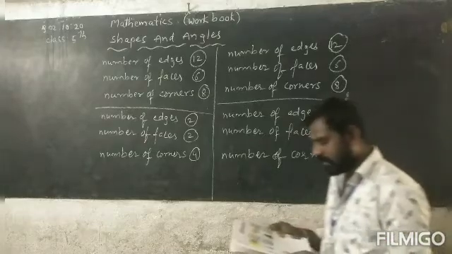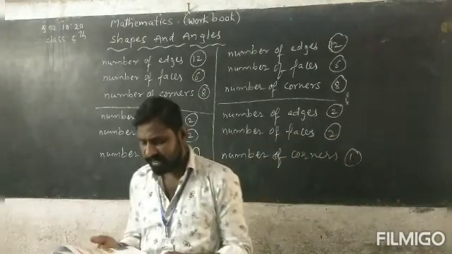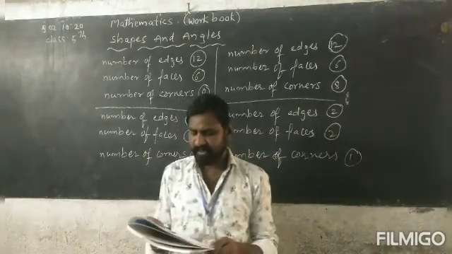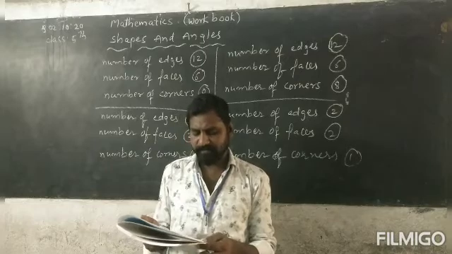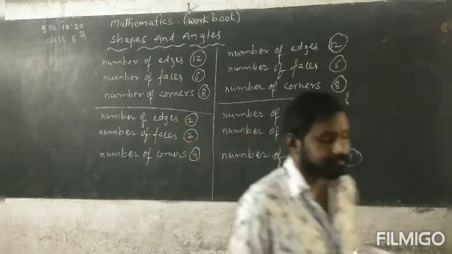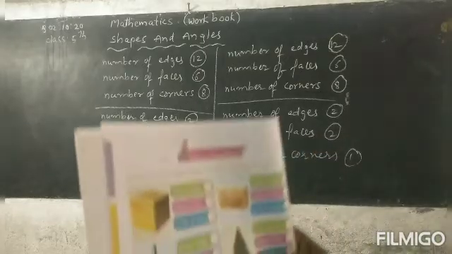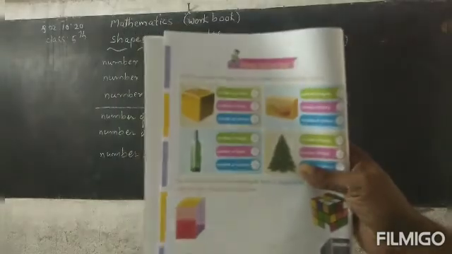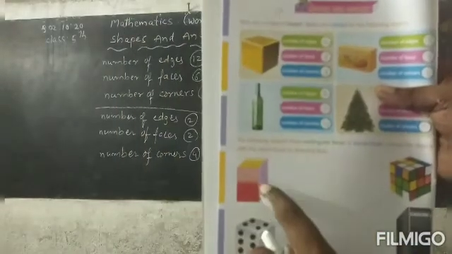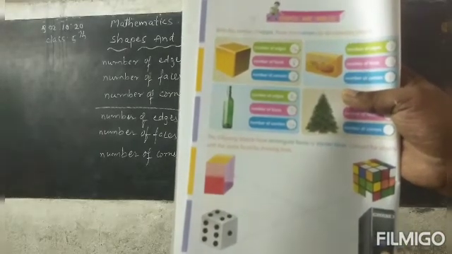Next, second bit: the following objects having rectangle faces or square faces, connect the object with the same faces by drawing lines. See, this is a cuboid, so you can connect this. This is a hard disk in the shape of a cuboid.